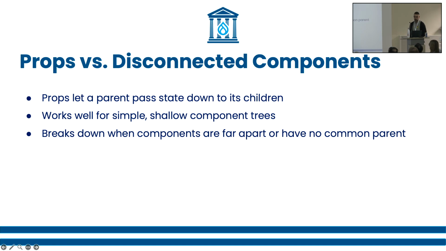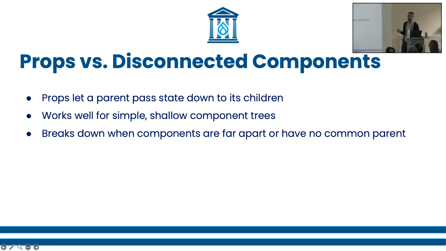Okay, the classic React way to share state is through props. A parent passes data down to its children, simple and clean when components are close together. But imagine a navbar at the top and a sidebar with a menu on the left, both needing the same data.